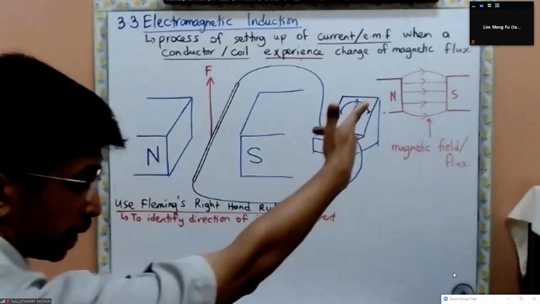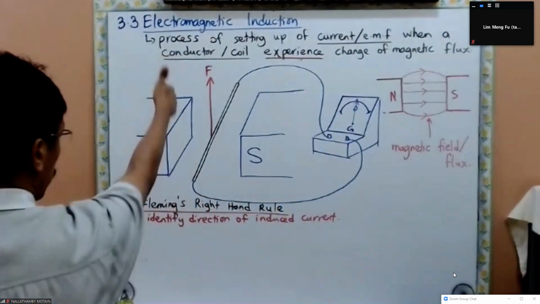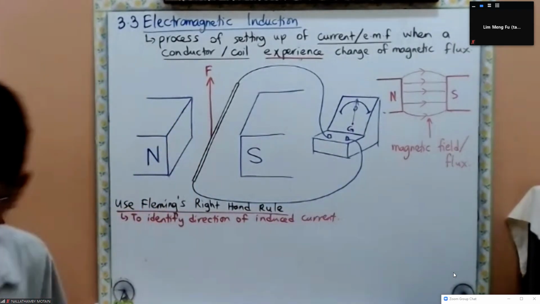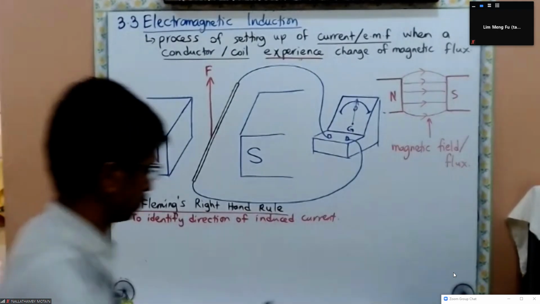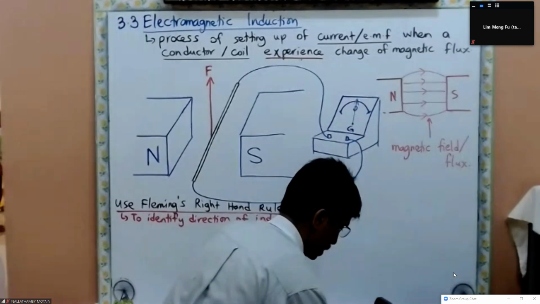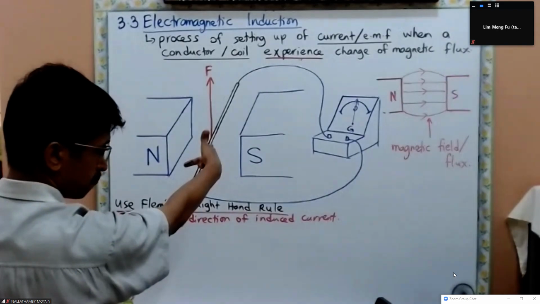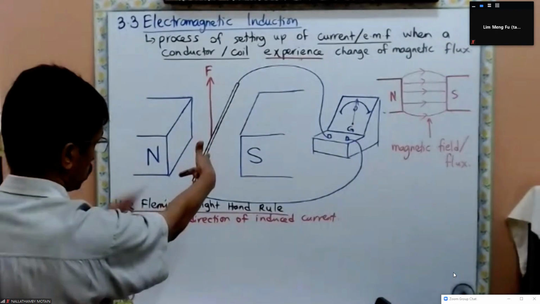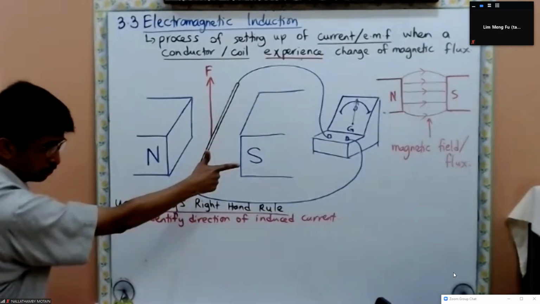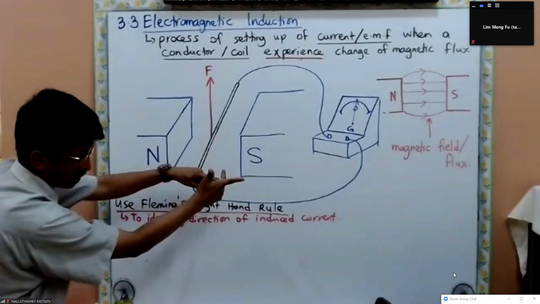So have a look, right hand, force upward. Your thumb must be upward. Okay. Force upward, magnetic field to the south. Can you see clearly? And then the third finger, where does it go? You can see inward.